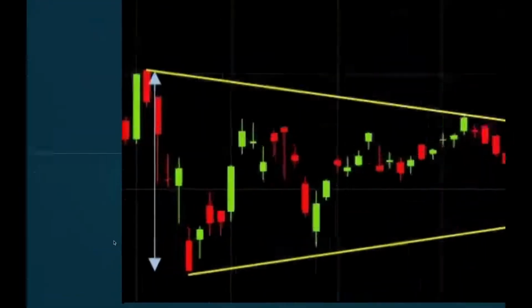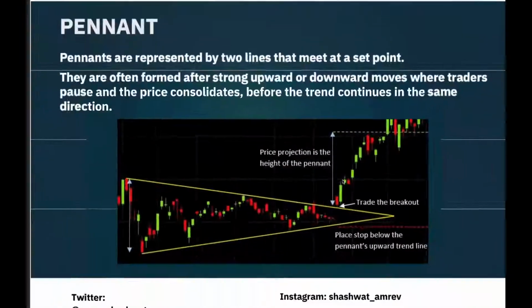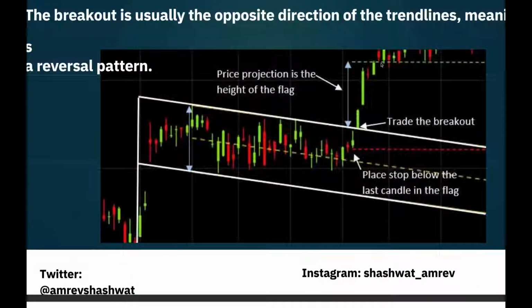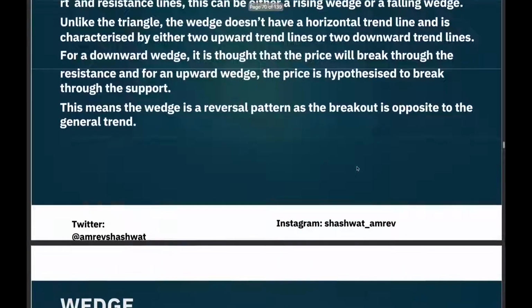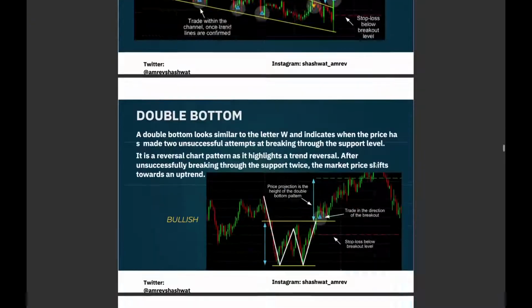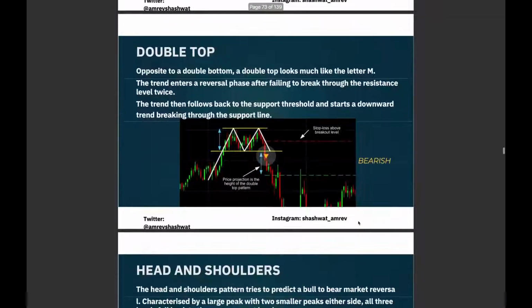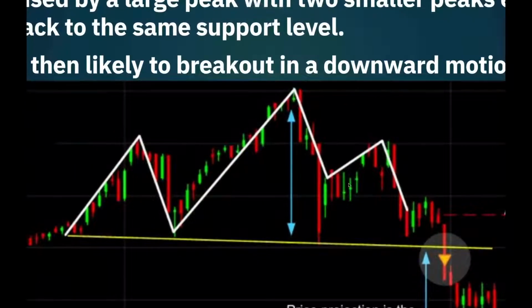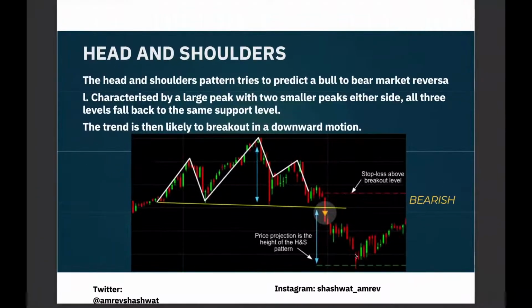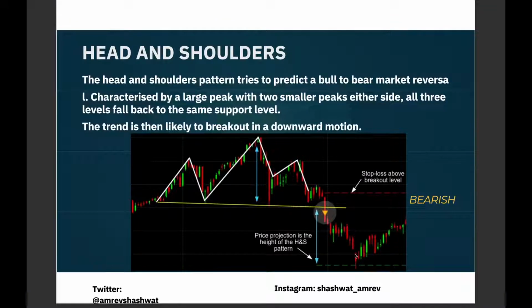Pennant also, the opening of this will be your target. Flag also, the size of the flag will be your target. Wedge also, the opening of the wedge will be your target. Okay, double bottom, double top, not covered. Head and shoulders, the height of your head will be your target. I hope it is clear to everyone right now.